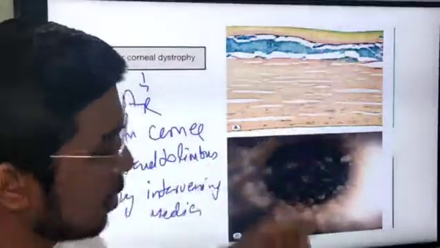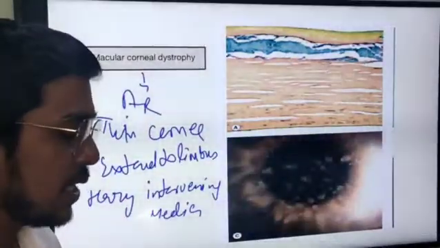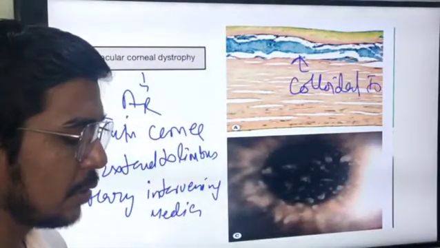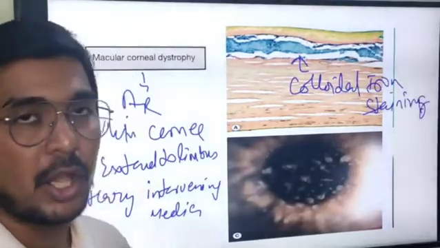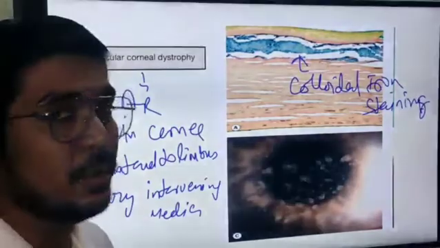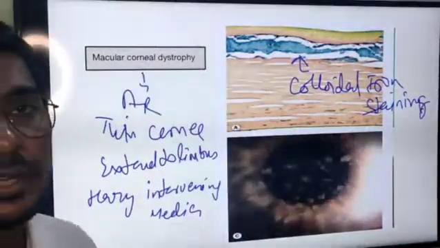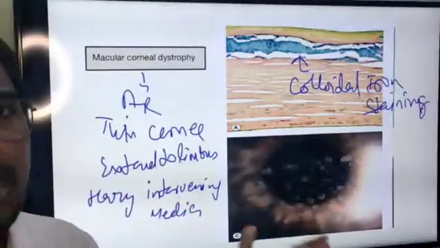What is this? This you can say is gray. This color is because of colloidal iron staining, or there is another stain called Alcian blue. Why? Because of the deposition of mucopolysaccharides. And how to remember mucopolysaccharides or glycosaminoglycans?